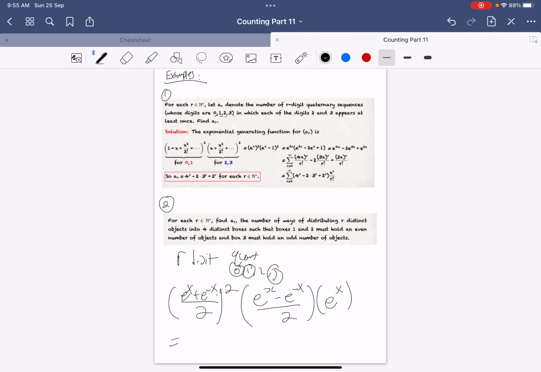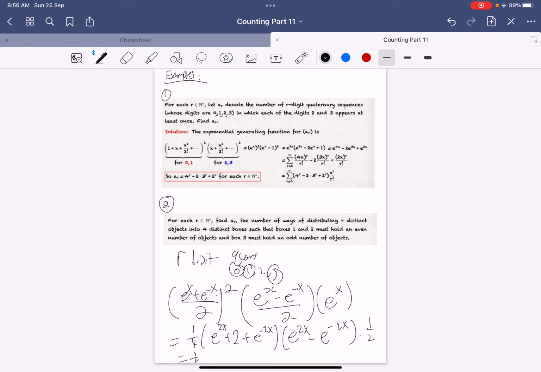And if you expand out, this is just 1/4 bracket e^2x plus 2 plus e^minus 2x, bracket e^2x minus e^minus 2x times half.